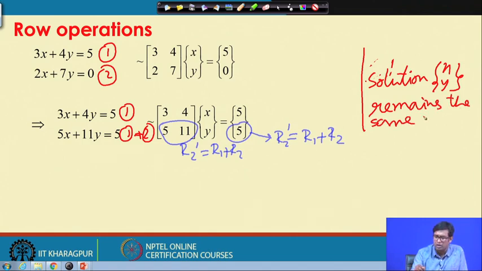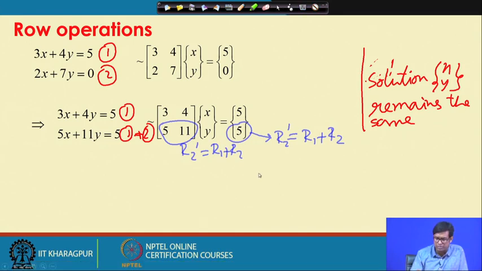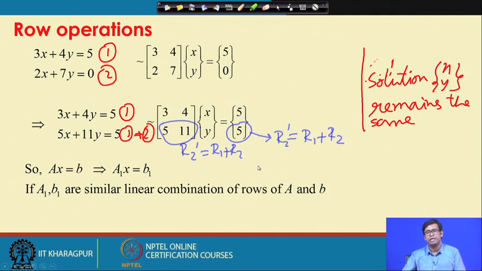So, row operation, when one row is expressed as a linear combination of two or more rows, and this is done in both A and B similarly, the equations remain similar in the sense the solution vector x remains the same both in terms of its magnitude and in order.